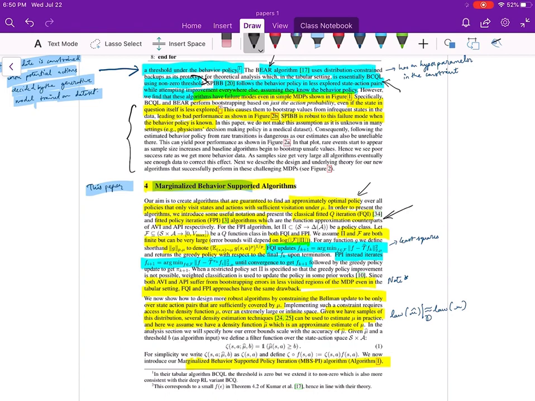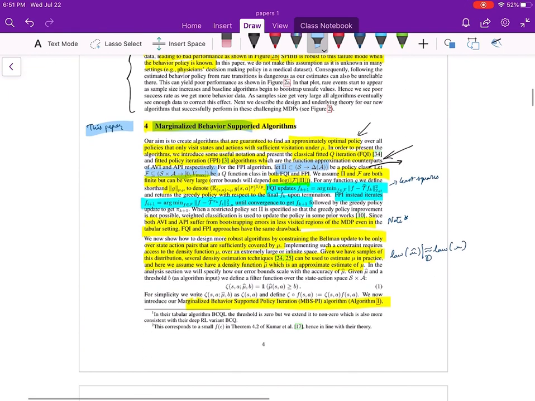For FPI you would need a richer policy class like this, and for FQI you would need the Q function class like this. You would need the usual assumptions, like compactness assumptions: Π and F are both finite, with error bounds depending on log of the cardinality of F and the cardinality of Π.